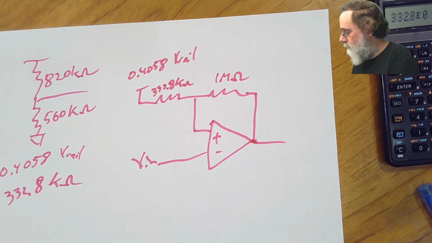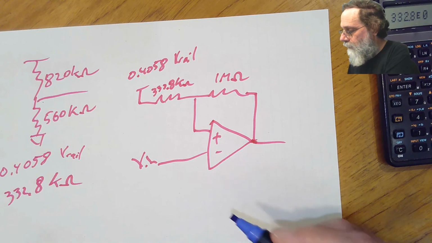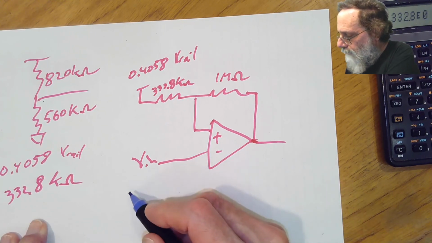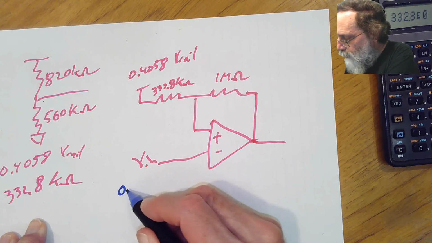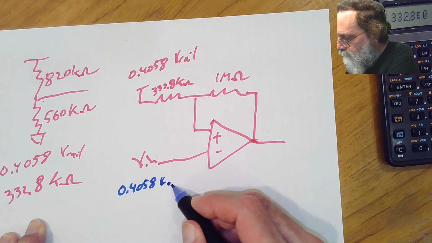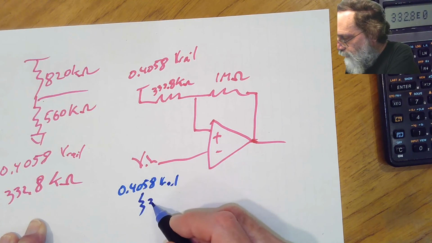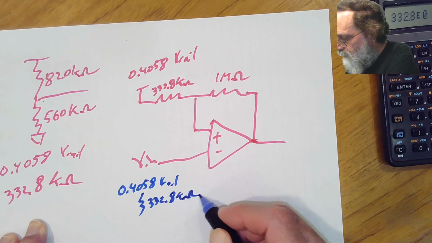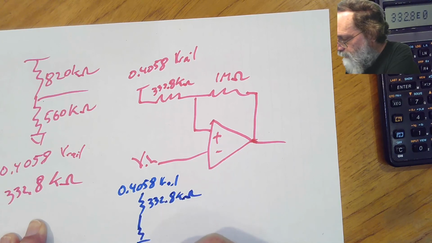So let's look at those. We have one case with 0.4058 times VRAIL, 332.8 kilo ohms, and down to ground.